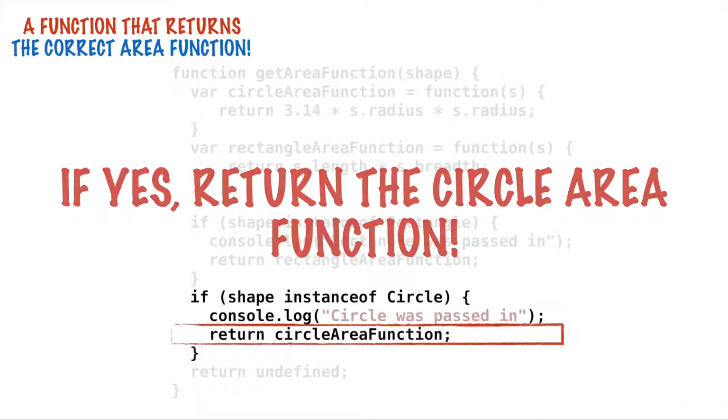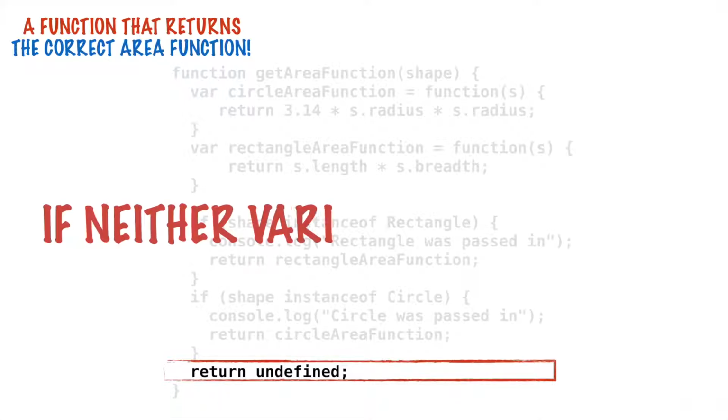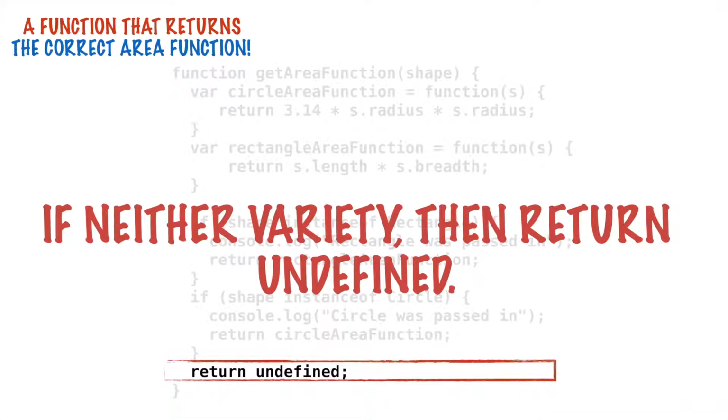Now, if both these tests fail, the shape that's passed in is not an instance of a rectangle, neither is it an instance of circle, then return undefined. In this case, we do not know how to calculate the area of this variable, and undefined is the correct thing to return. It basically says, I have no area function to apply to this shape.